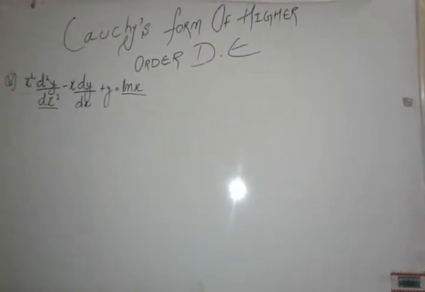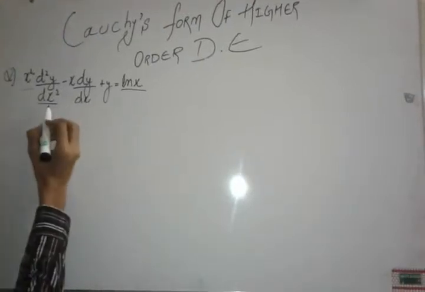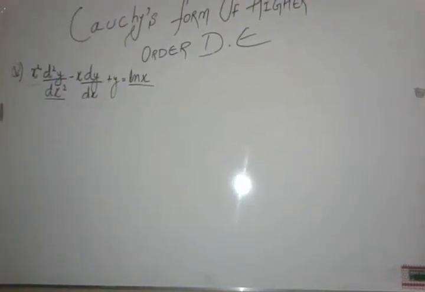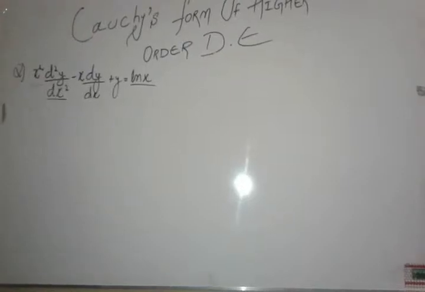Then I want to tell you some shortcut methods. As we can see, we have got a question here in terms of x and y, but we will solve it in terms of z and y.